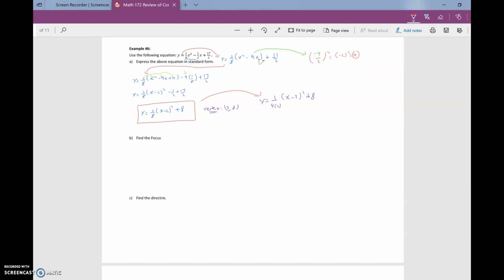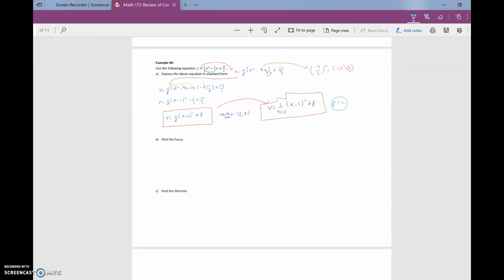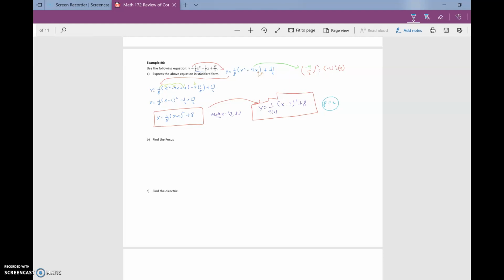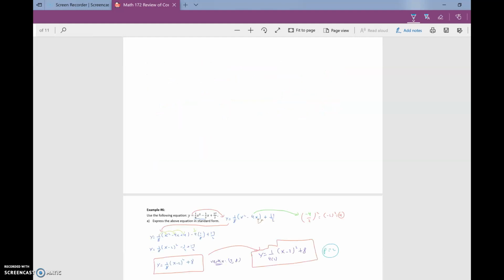That is still the same equation. I'm just rewriting it so we can obtain the value of p. So for this one, p is equal to 2. And then from the vertex and p is equal to 2, you can find the focus.